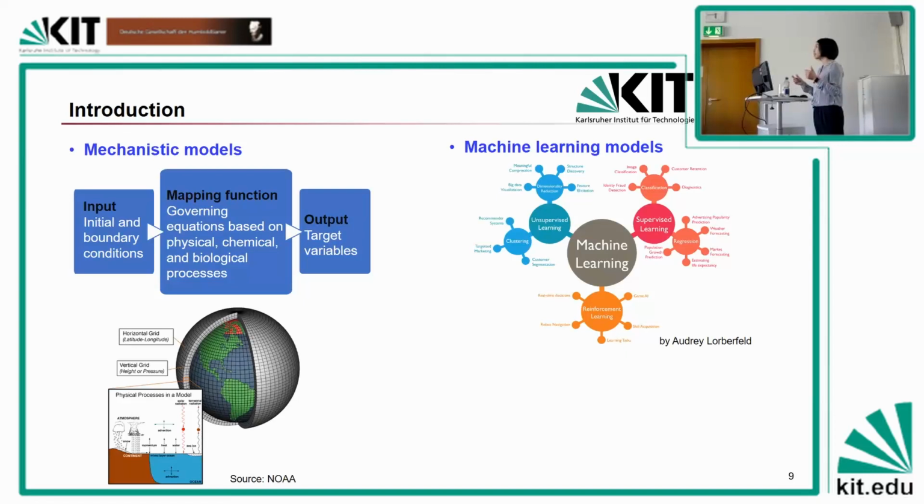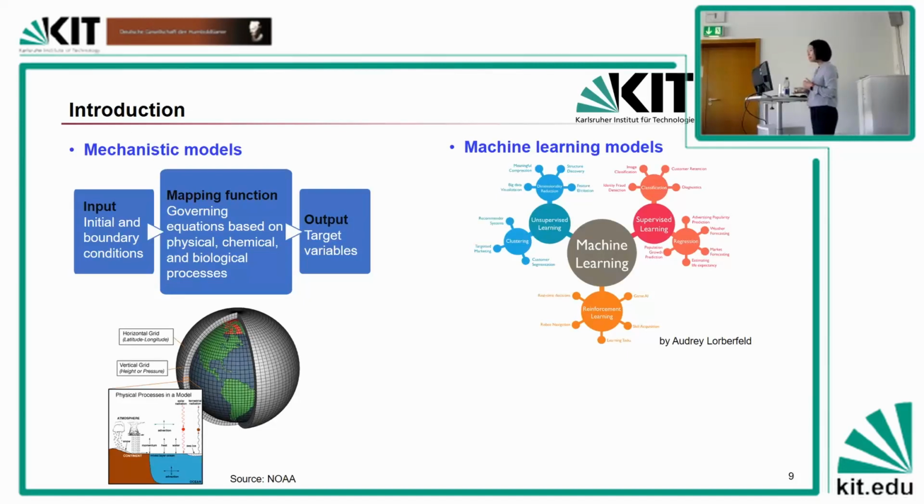And those equations are most often the differential equations based on the law of physics. And now after you build the mapping function, you can feed the model with input, with initial and boundary conditions.